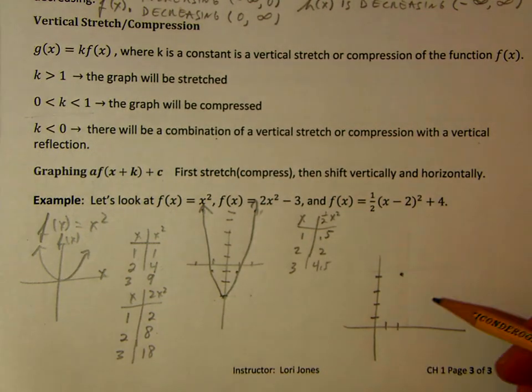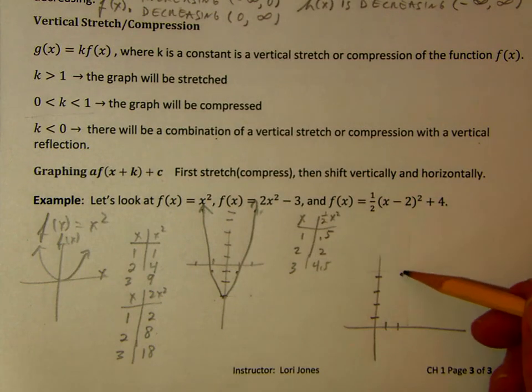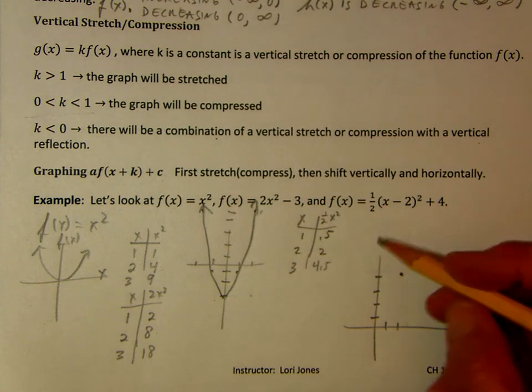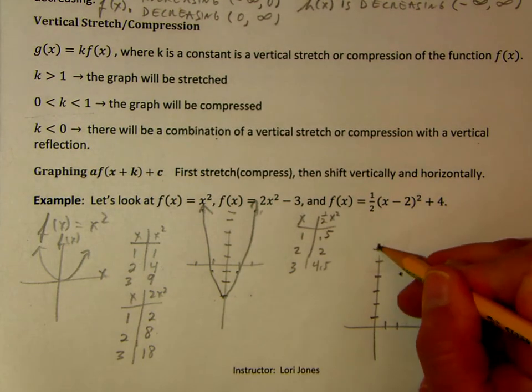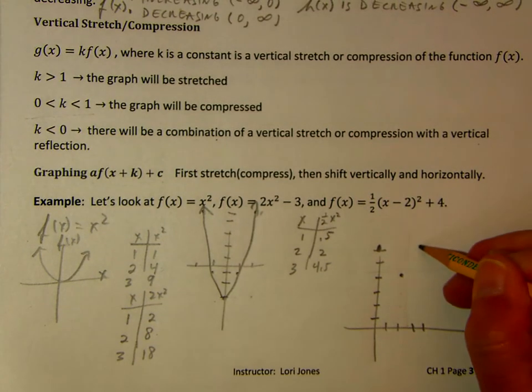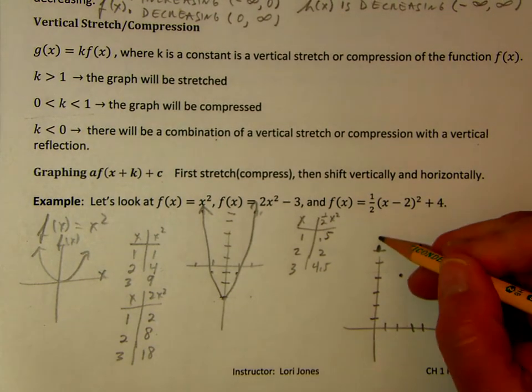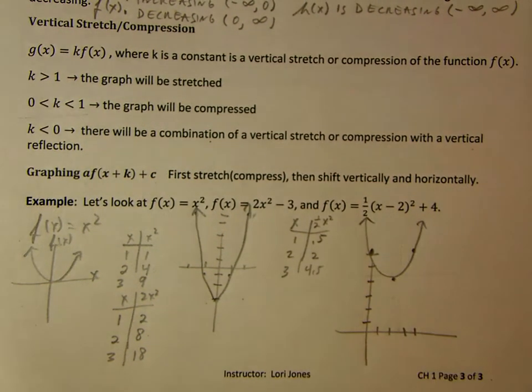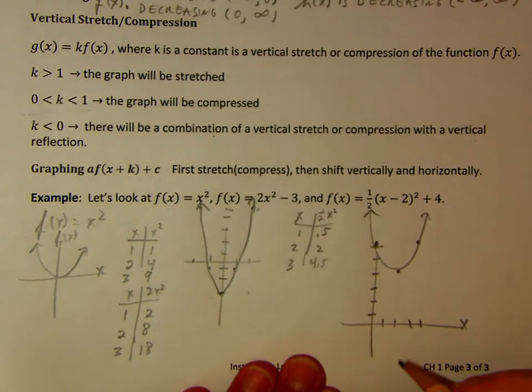And if I go 1 to the left, I'm only going to go up 1/2. If I go 2 to the left, I'm going to go up 2. So I'm expecting it to look something like this.